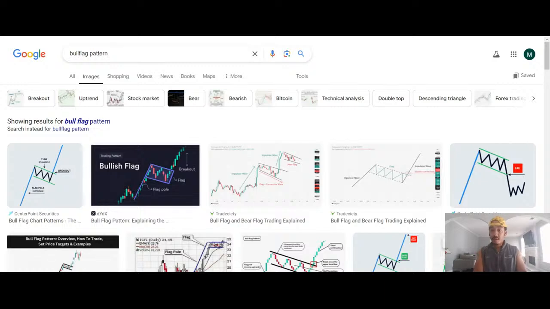Let's go to the chart. Let me see if we can identify some of these patterns. I'm gonna skim through this chart a little bit, see if I could identify a pattern on the chart and show y'all what's up with that.